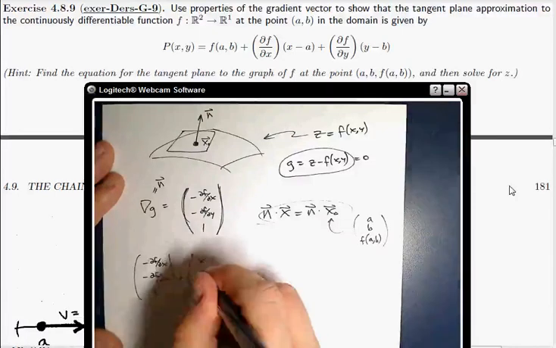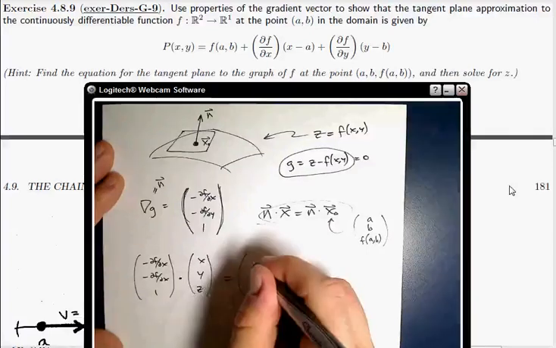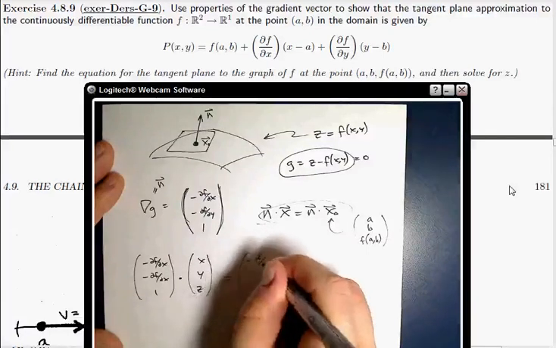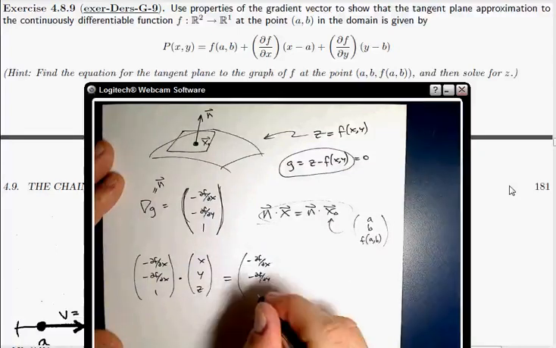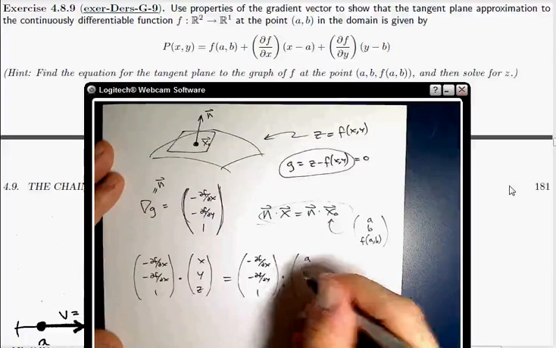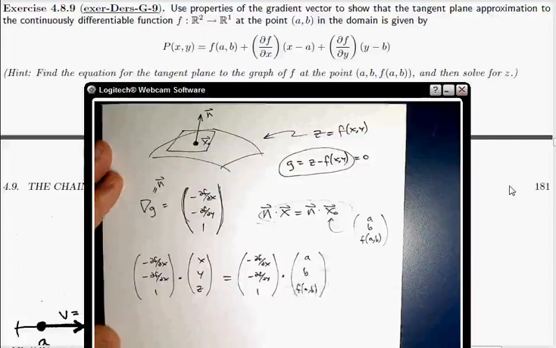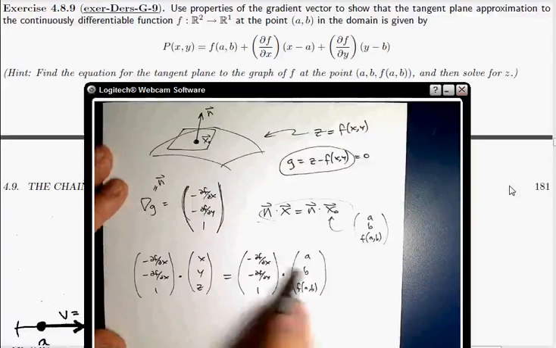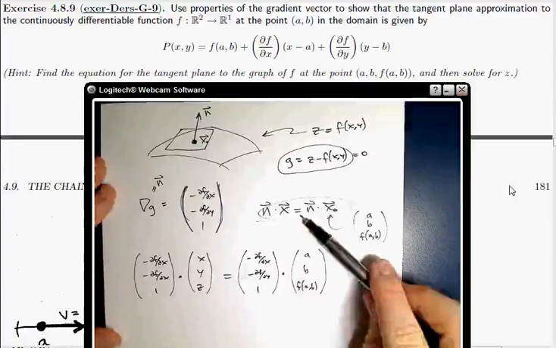Here's the x vector, x, y, z, equals normal vector dot a, b, f of a, b. All right, so I claim this is the equation of that tangent plane. Is everybody happy with this? Equation of the tangent plane. Came straight out of here.